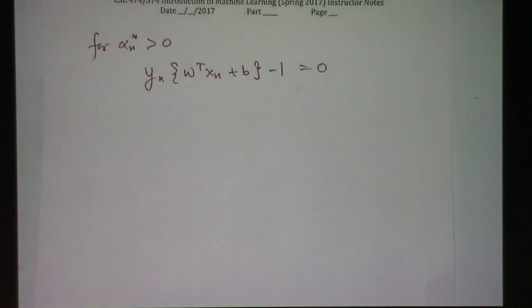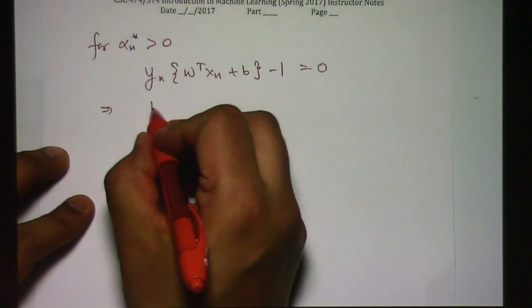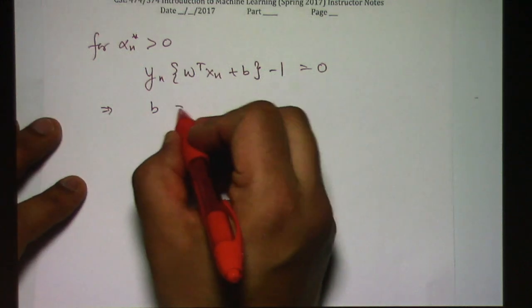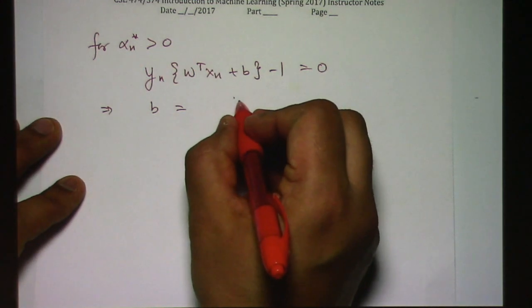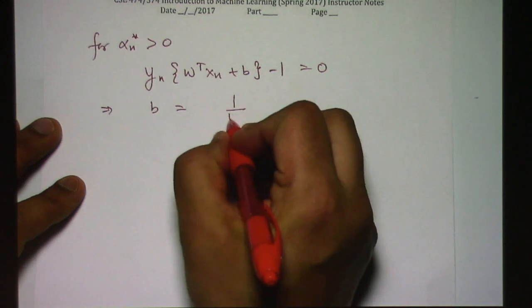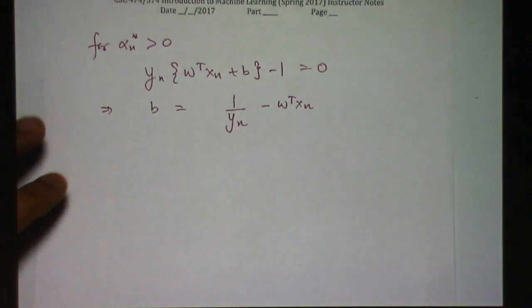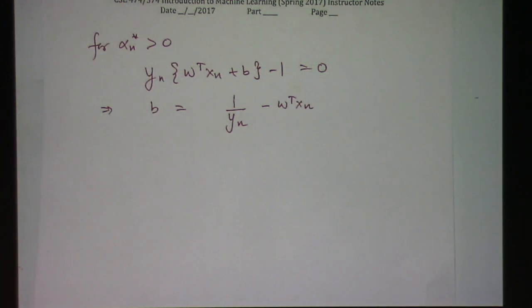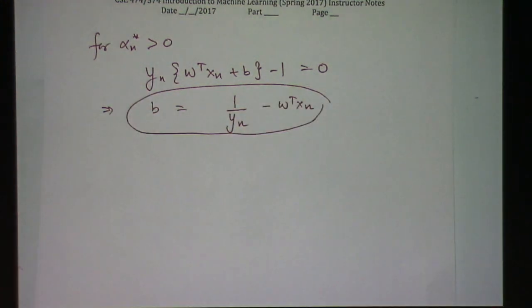That's what we said earlier, which means that you can solve for B. We can say B will be equal to this. So you can get this B.